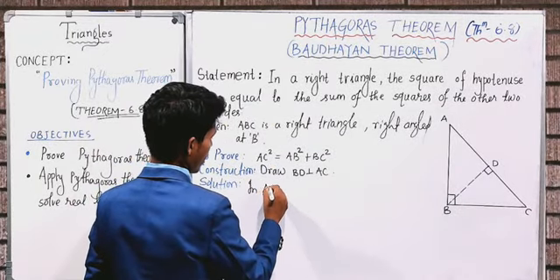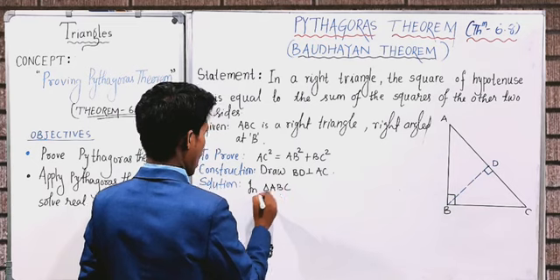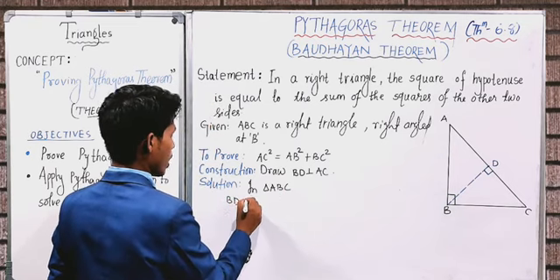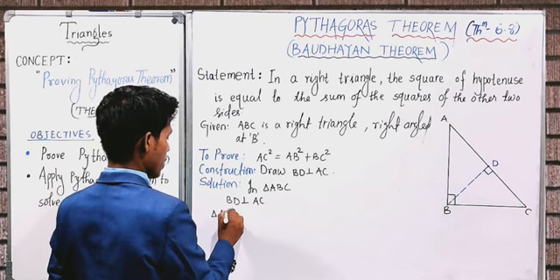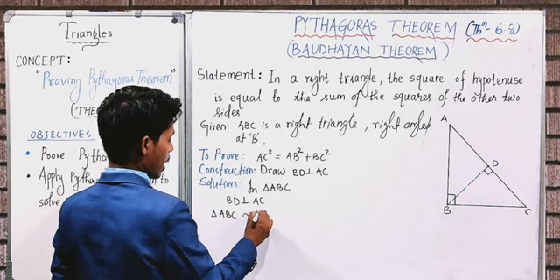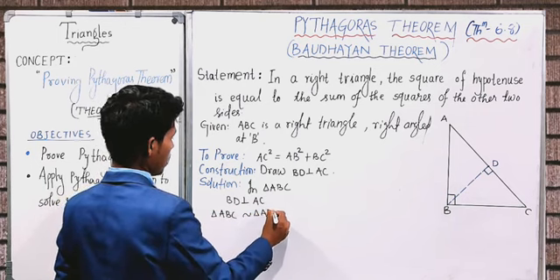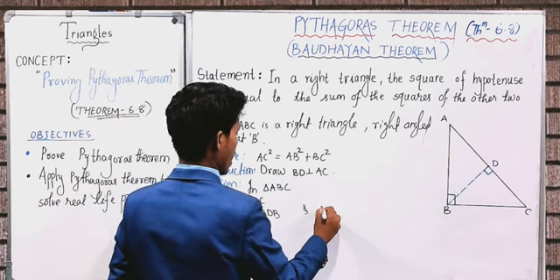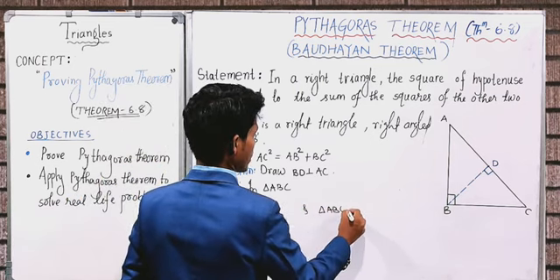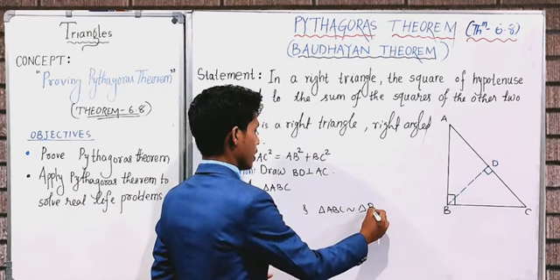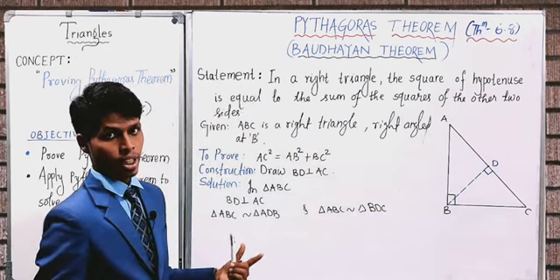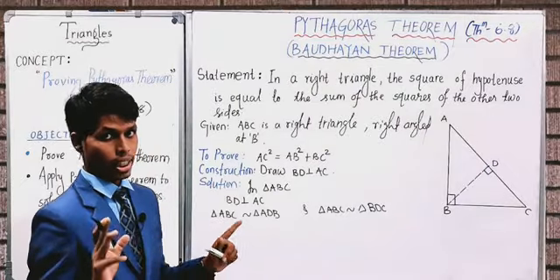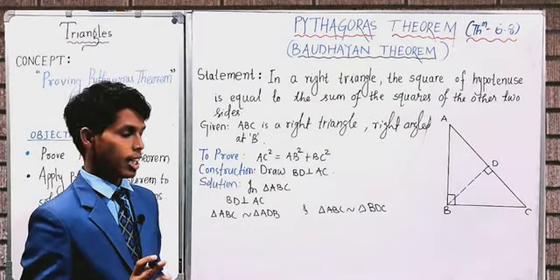In triangle ABC, as BD is perpendicular to AC, then triangle ABC is similar to triangle ADB, and also triangle ABC is similar to triangle BDC. I had told you there how to name the similar triangles. Okay, you have to pay extra attention to this. I am repeating this thing again and again.